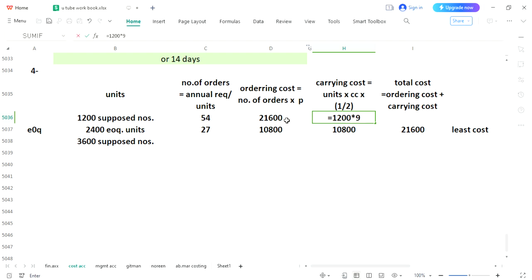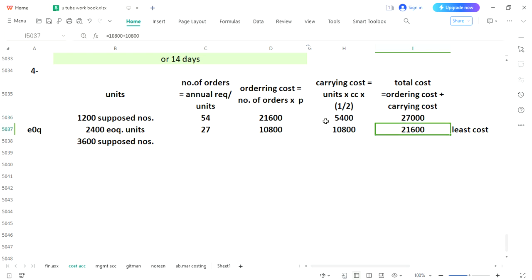I have shown you this 4 to 5 times, and then 1 by 2 as the average fixed in the formula. 1 by 2 means 0.5, so you have your carrying cost, and now we can calculate our total cost, which has two costs. Ordering cost 21600, and then you will add 5400 as your carrying cost.